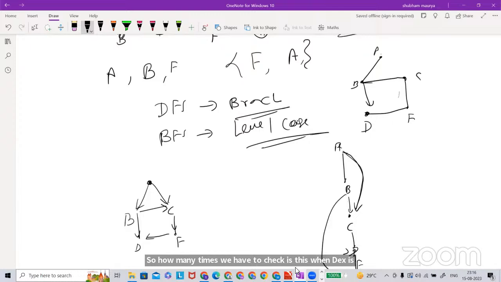In-degree of the vertex, right? Because once we have checked it with one level, we go this way and then this, and another time we have to check. So the in-degree gives the number of times we have to visit that vertex.